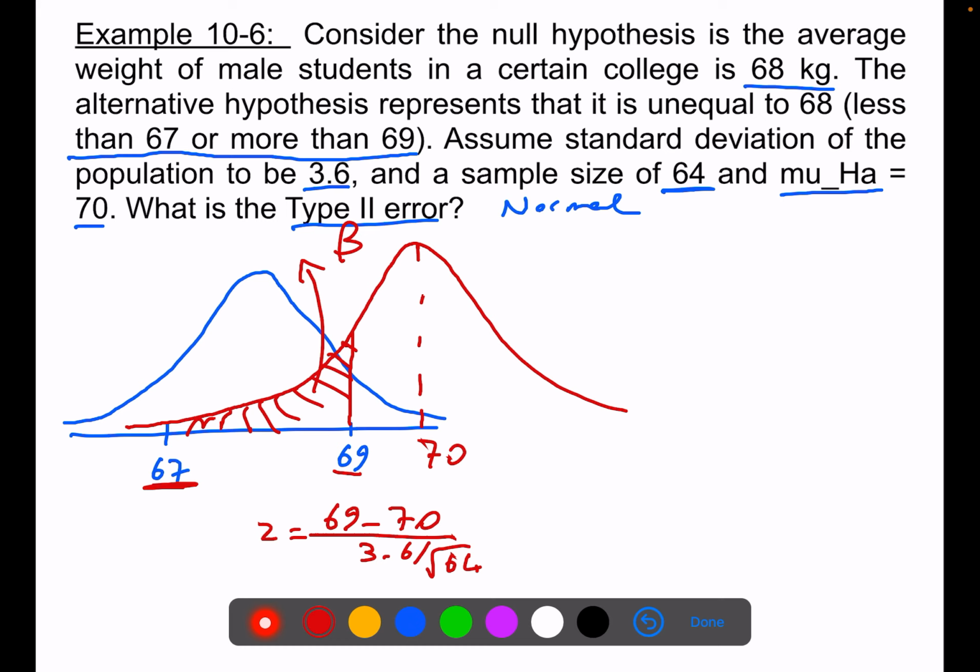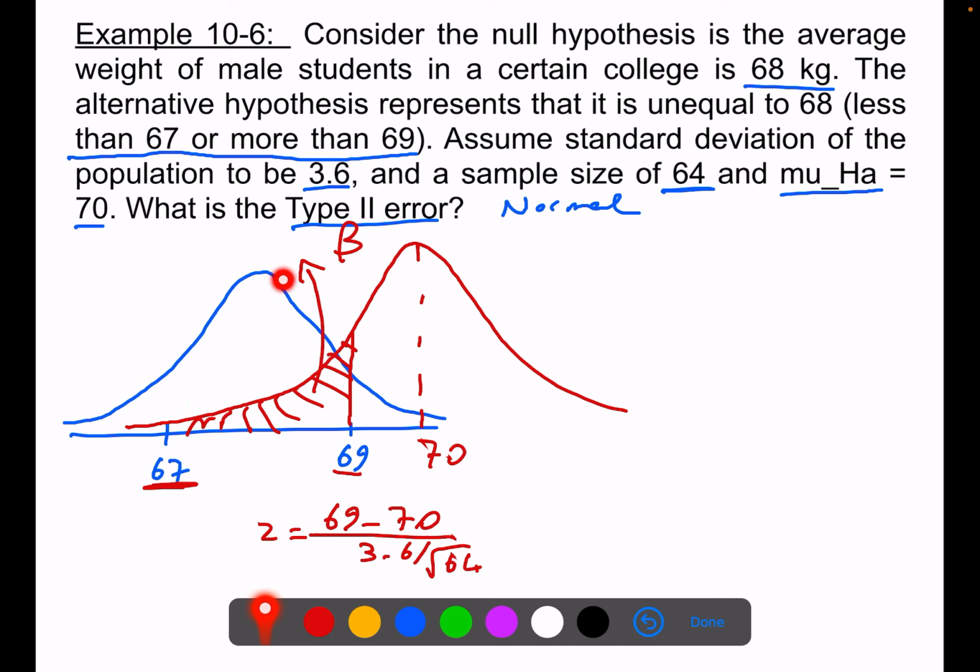Any questions? So basically what this means is that this is our distribution, the correct distribution. So the alternative hypothesis is correct, because in type 2 error, we are assuming that the alternative hypothesis is correct. But by mistake, we think that the null hypothesis is correct, which means that our mean is going to be somewhere around the mean of the null hypothesis.